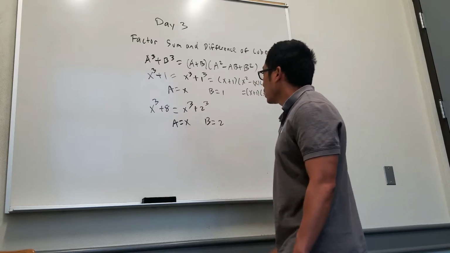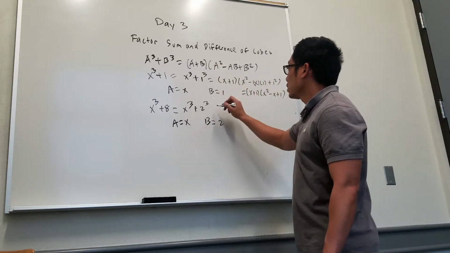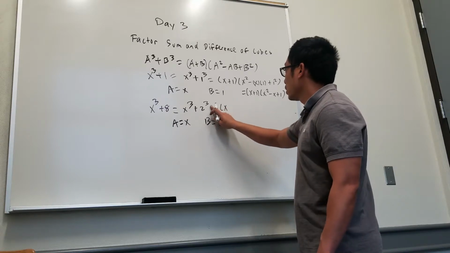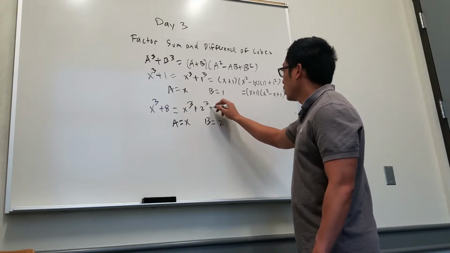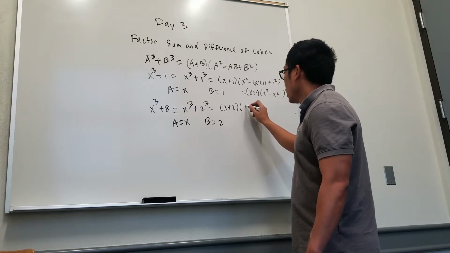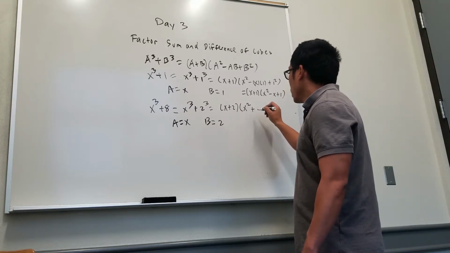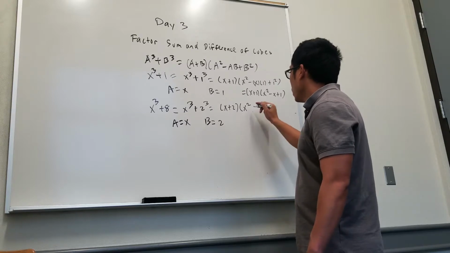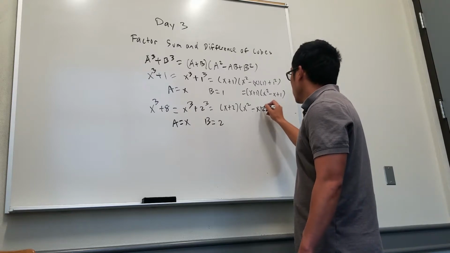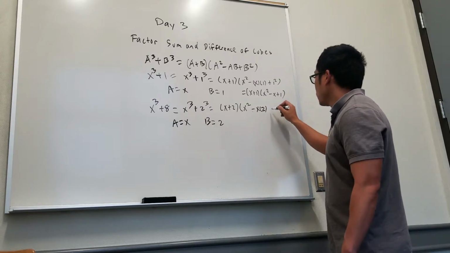Applying that formula, you just apply it. So you have a plus b, right? Then you have a squared minus ab, where a is x, plus b squared.